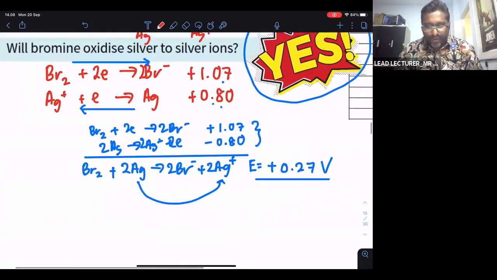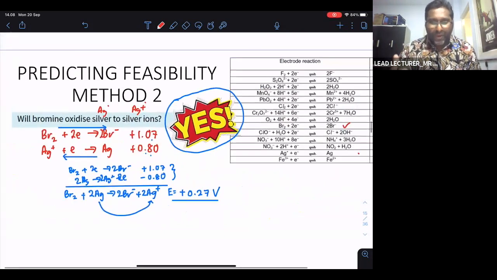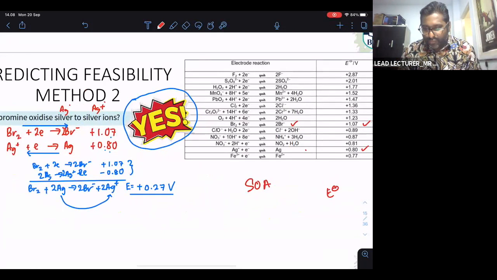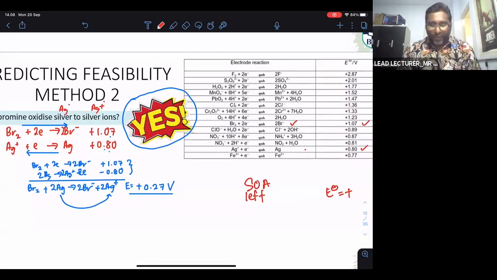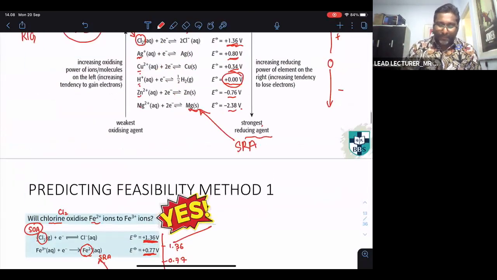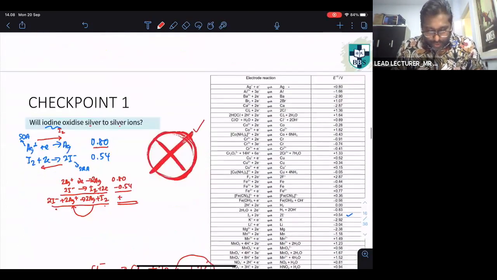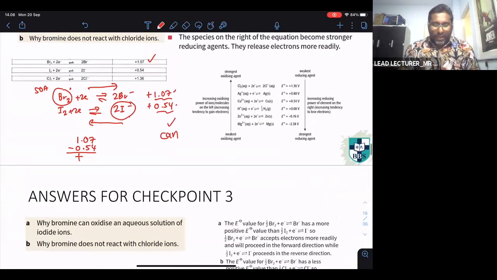Yeah, the same thing also. How do you identify which one is SOA or which one is SRA? SOA is the one that has the E value which is going to be most positive, and it must be at the left. So you come back to this slide.